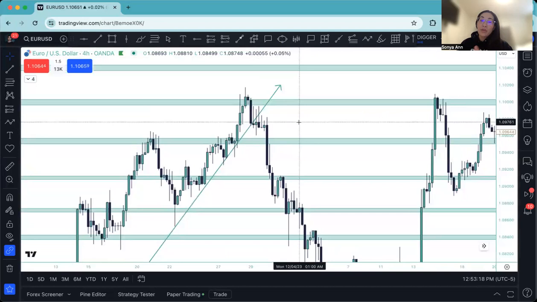And, you know, if you're leveraging the amount that you're supposed to, and your risk management is on point, then you wouldn't be so scared. It really also comes down to that.